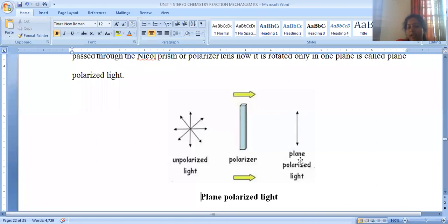This is called plane polarized light. Plane polarized light is nothing but light which has a single path, not all possible directions. If the light is moving only in one direction, unidirectional, that is called plane polarized light. Natural light can be converted into plane polarized light by placing either a polarizer or nickel prism.